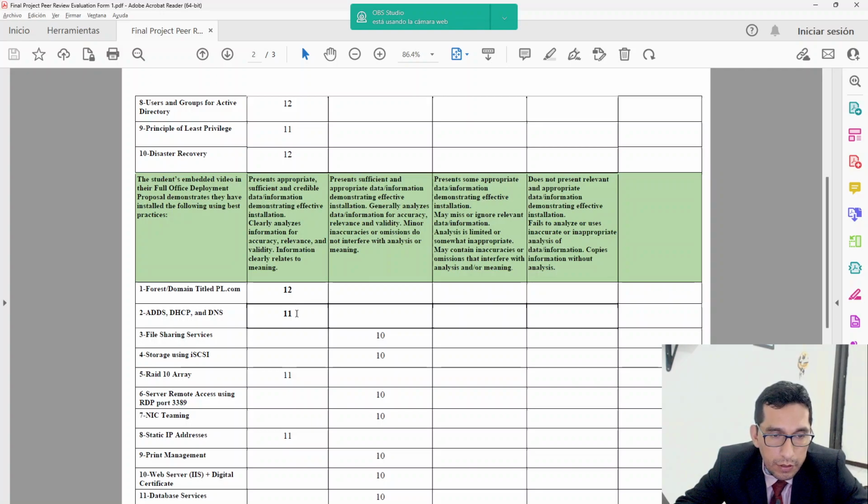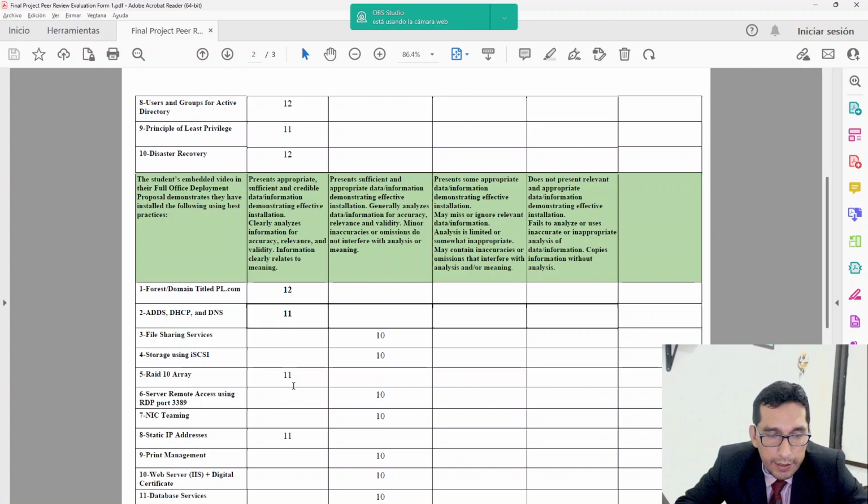I can see too the file sharing service and the storage using iSCSI. I would like more information about it, because I don't understand so much in this point. But I can see the array, and it is very clear and very complete in this point.